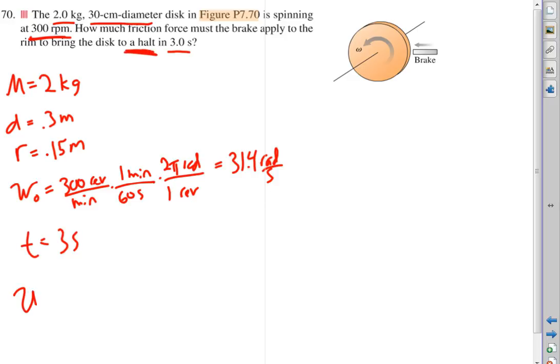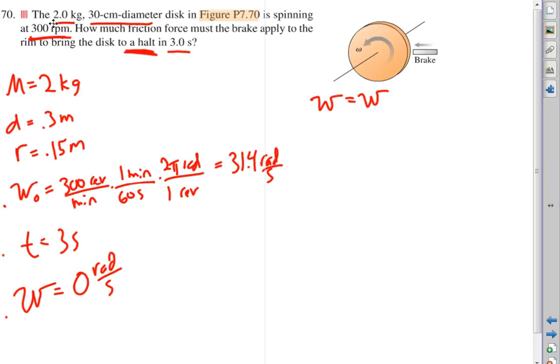Time of 3 seconds. This is going to bring it to a halt, which means that our final angular velocity, omega, is 0 radians per second. All sorts of hidden information in there. Lots of good stuff for us to work with. You may notice, I've been dealing with some problems like this before: omega naught, t, and omega. There's a formula I've been dealing with, and we're going to use that formula yet again.